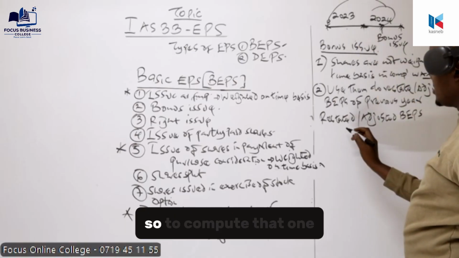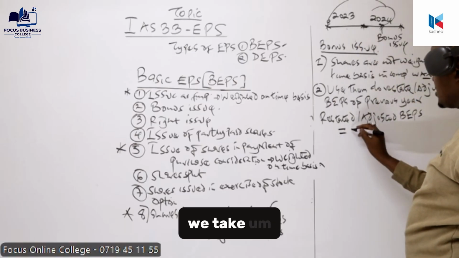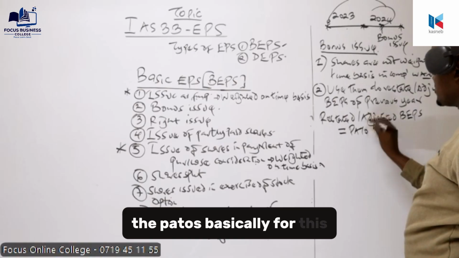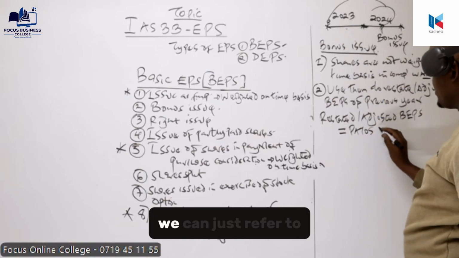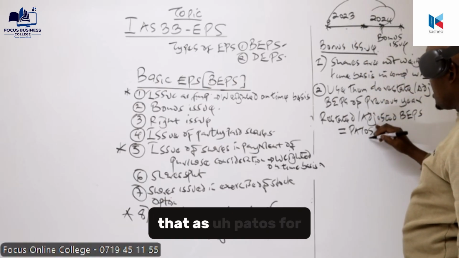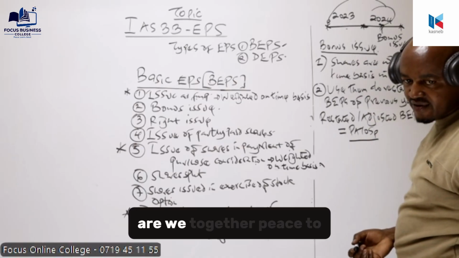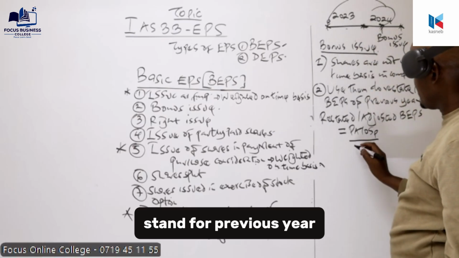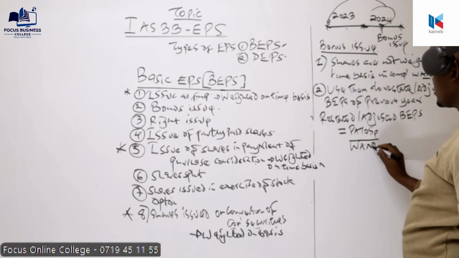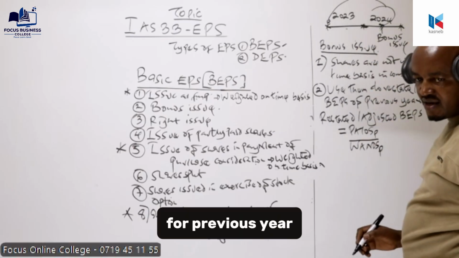We take the PATOS for the previous year, that is 2023. We can just refer to that as PATOS for P, P standing for previous year. Are we together? We divide that by the number of shares for the previous year.